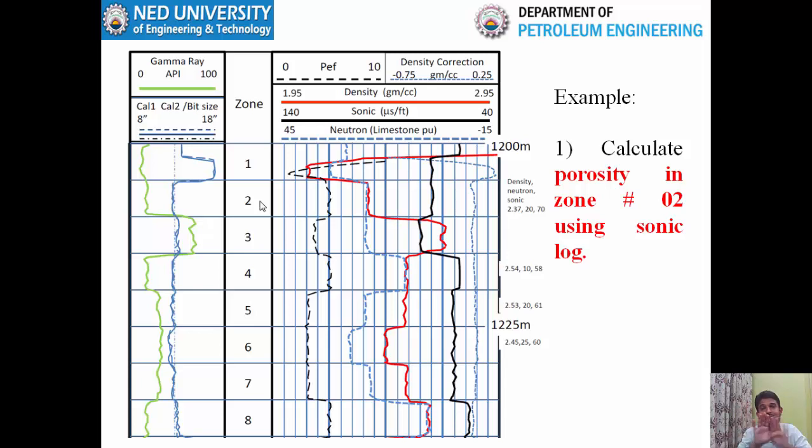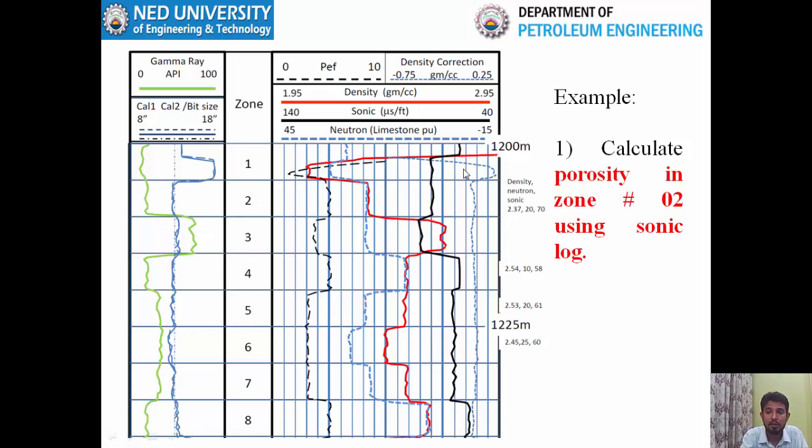But if the answers are not matching, for example, sonic is giving you 30%, neutron is giving you 20%, and density is giving you 25%, which means your approaches are incorrect. Something is missing, so you need to go back and correct your concept and correct your identification of your lithology and fluids.